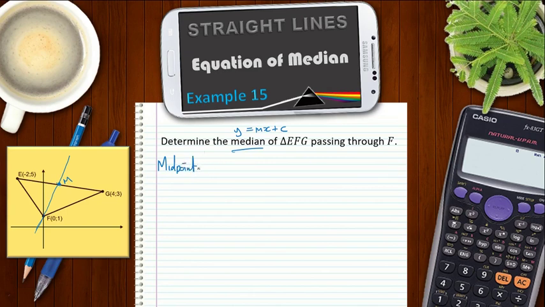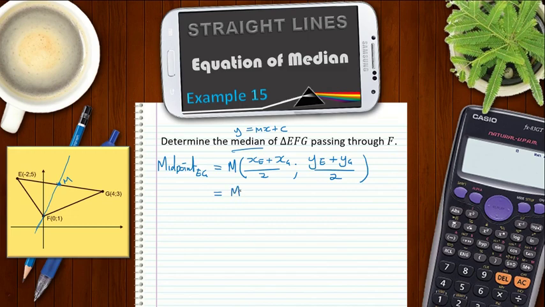It's going to be of EG, it's going to be M, but then I have my x values added together, so xe plus xg over 2, and my y values added together, ye plus yg over 2. So now I just substitute that in.